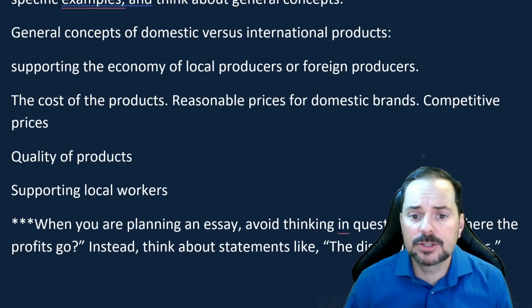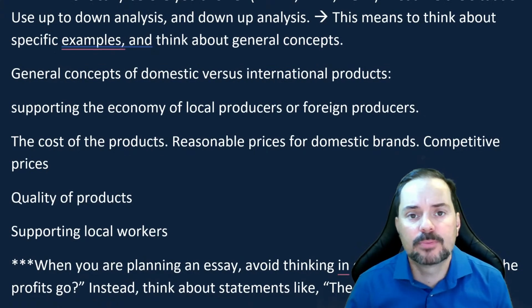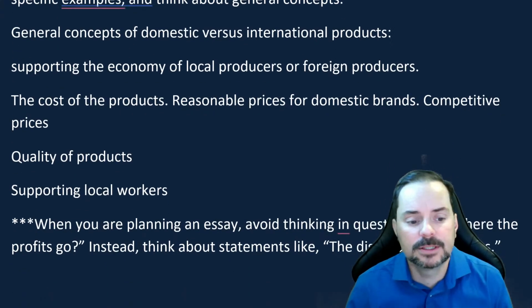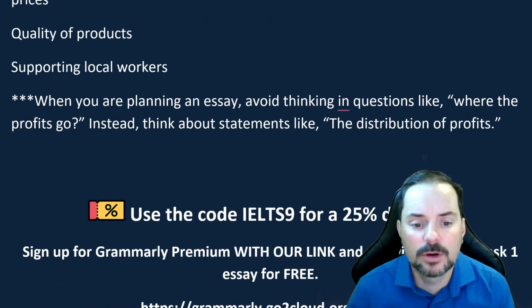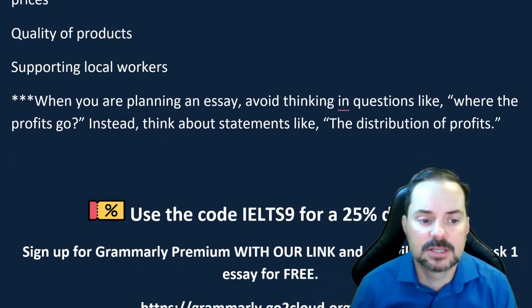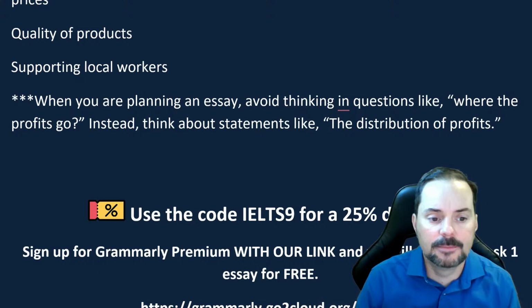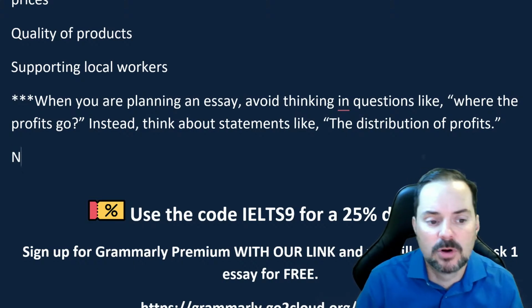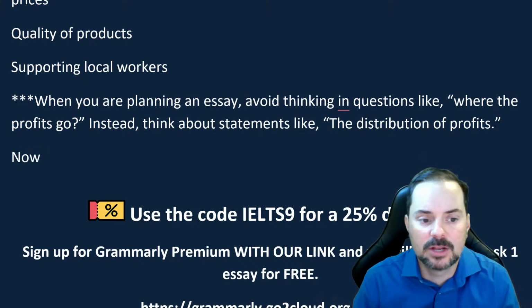Okay, so these are all great. We have some good ideas here: profits, employment, costs, and so forth. Let's try to reverse this. Let's try to think of a specific example.